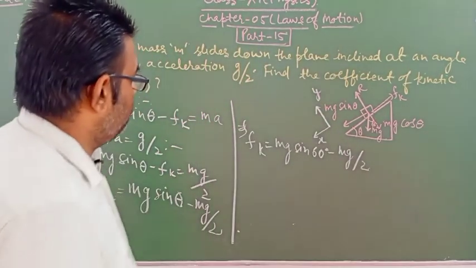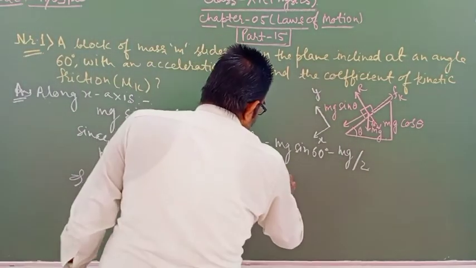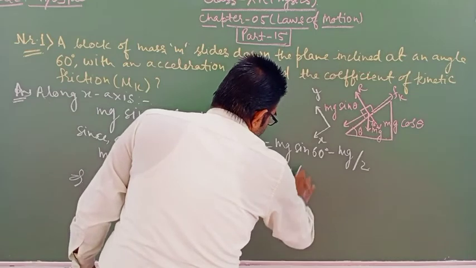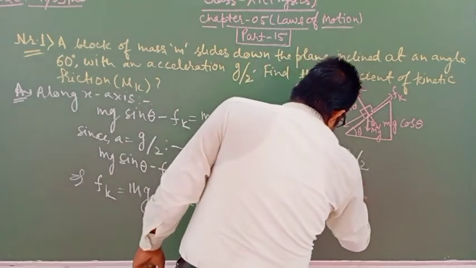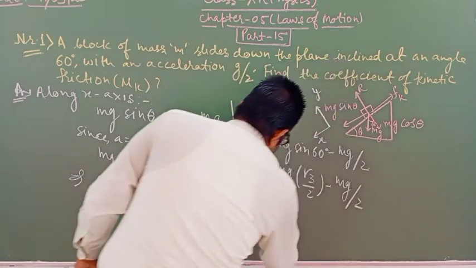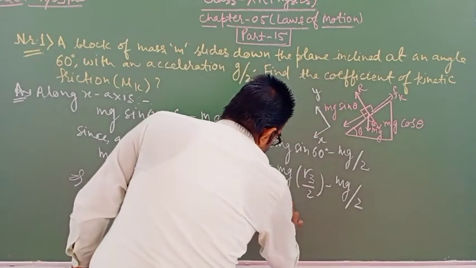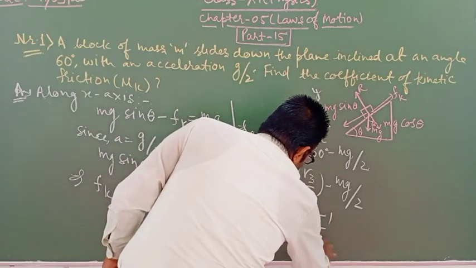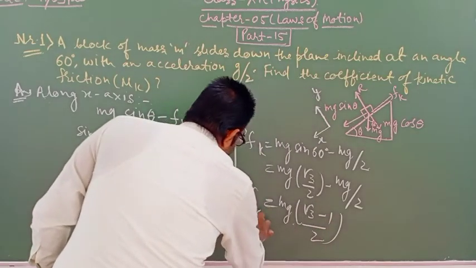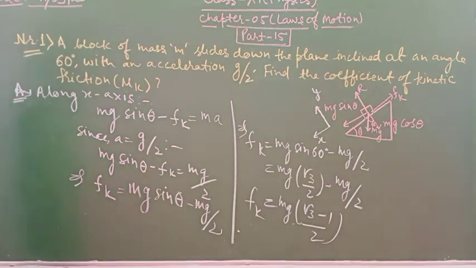You know that sin 60 is root 3 by 2, so mg root 3 by 2 minus mg by 2, and taking mg common, we get root 3 minus 1 divided by 2. This is the value of Fk for the motion along the x-axis.